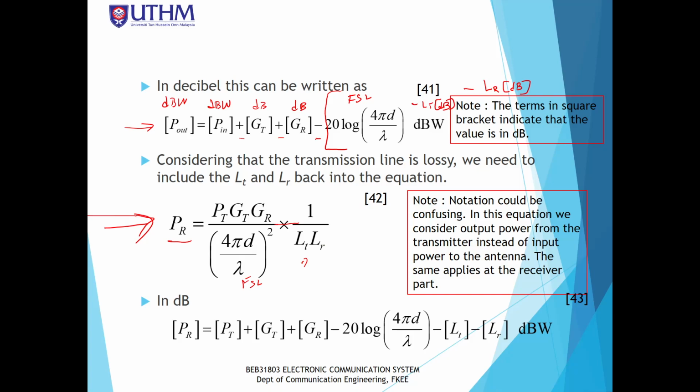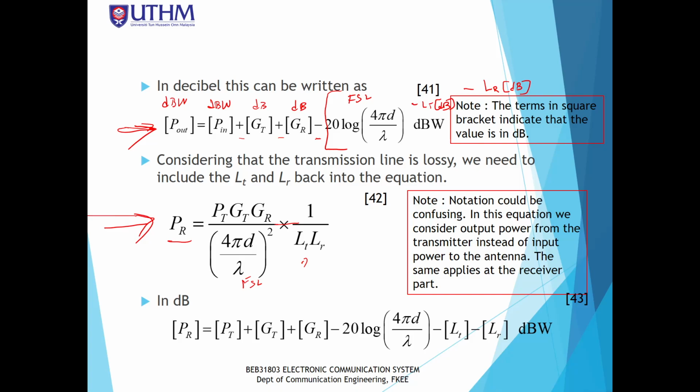These are the power received by the receiver. If there are no other losses other than the FSL, this is enough up to here. That means P out is equal to P received.